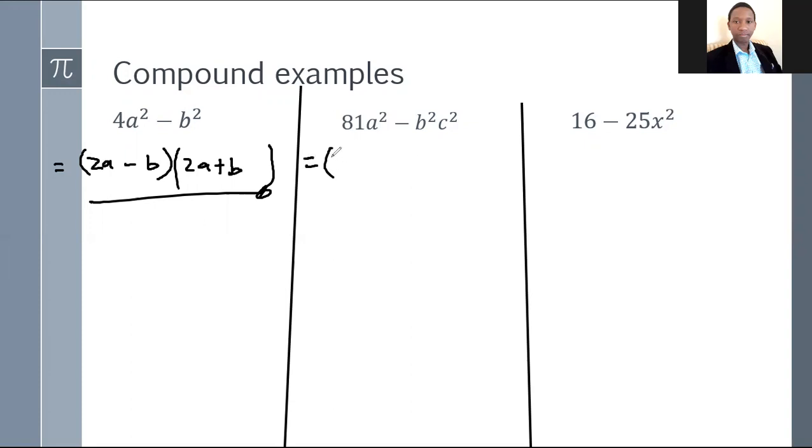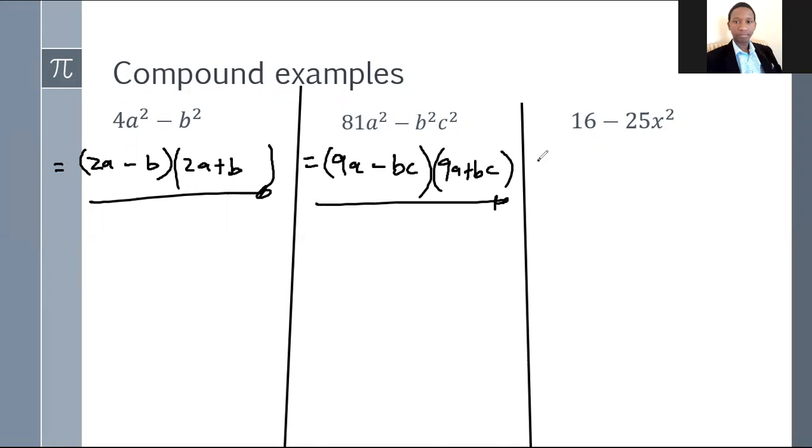The same thing will happen here. You must know your squares and your cubes, by the way. When you're in grade 10, know them at least up to 15. So the square root of 81 is 9. The square root of a squared is a, minus, then the square root of b squared is b, and the square root of c squared is c. Now, because I started with a minus, here I need a plus.